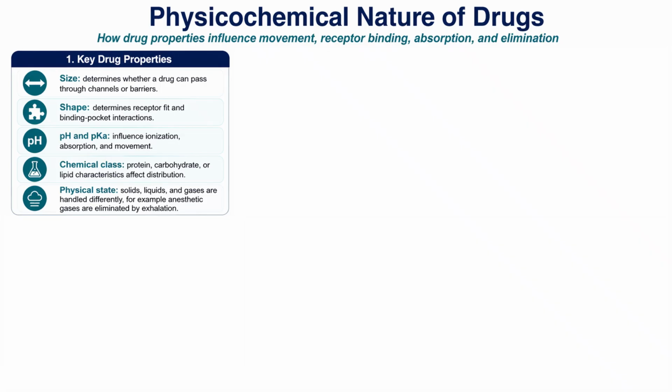The chemical class matters because lipid soluble, water soluble, protein-like, or carbohydrate-like drugs may distribute differently in the tissues. And finally, physical state also matters. Solids, liquids, and gases are all handled differently. For example, anesthesia gases are eliminated largely by being breathed off.